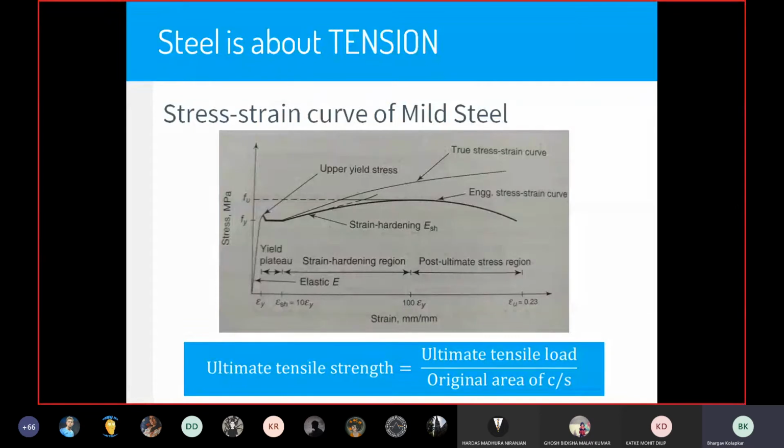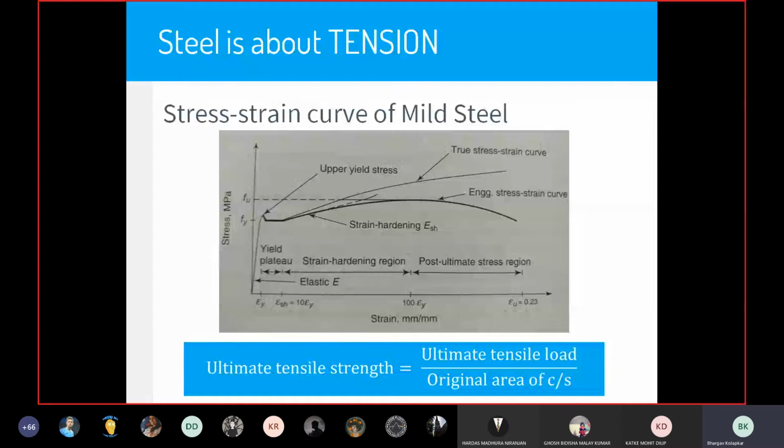Now, I just want you to listen to this particular portion very carefully. The first part of this curve is a straight line, and that is the region in which the material is perfectly elastic. When we say that the material is perfectly elastic, it means that when you apply load, the material will deform.